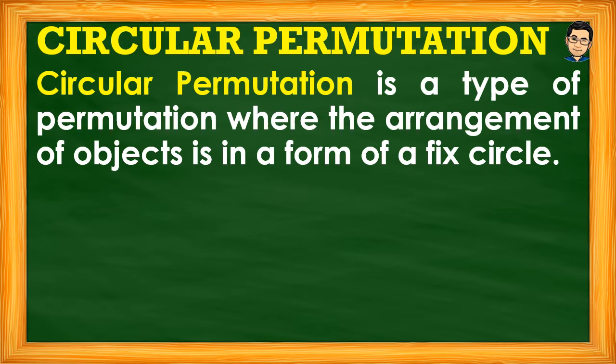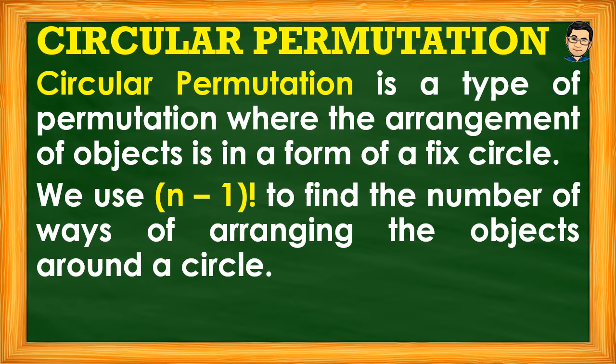Again, this is a type of permutation where the arrangement of objects is in a form of a fixed circle. And then, yung formula to determine the number of permutations for this type is the quantity of n minus 1 factorial, where n is the number of objects.